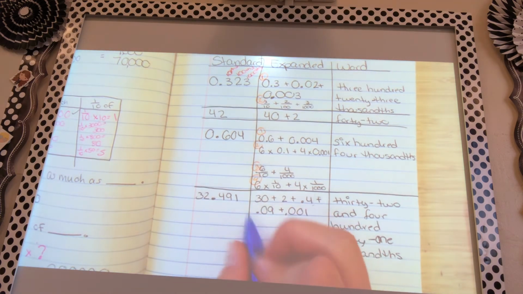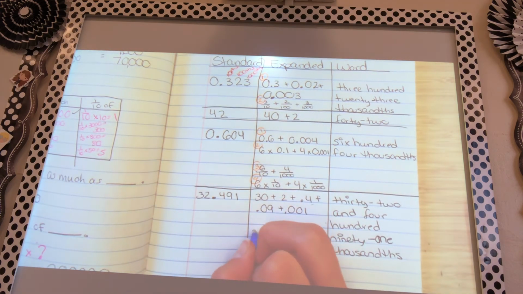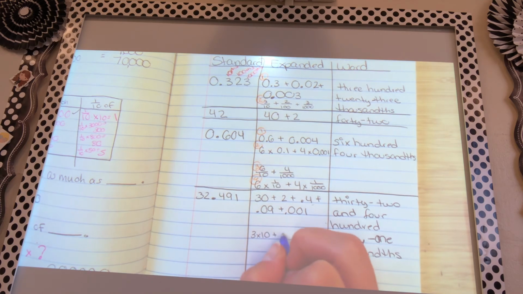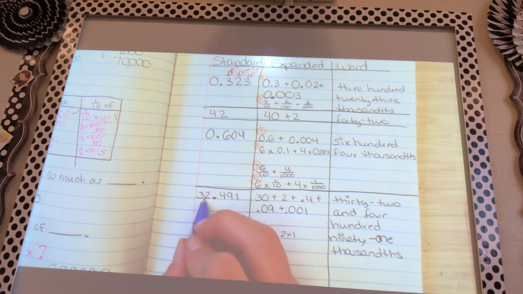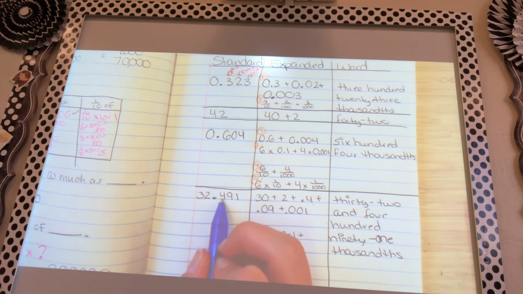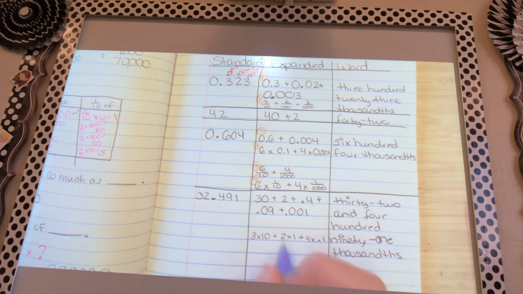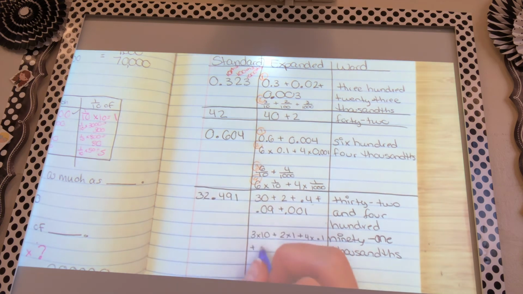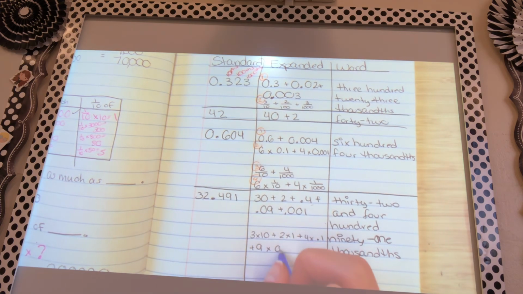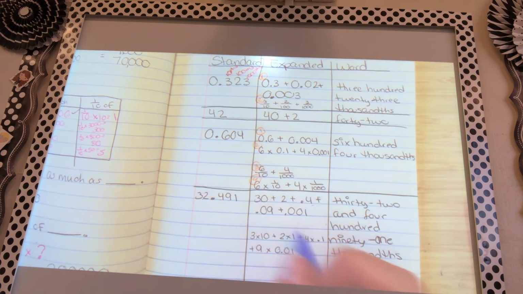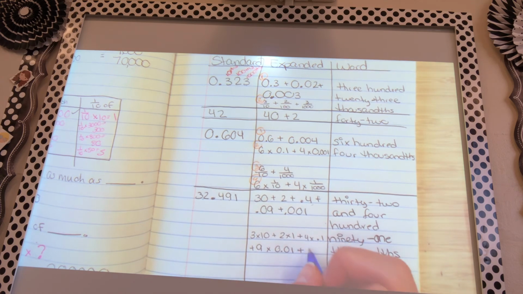Or I could write 3 times 10 plus 2 times 1 plus 4 times 1/10 plus 9 times 1/100 plus 1 times 1/1000.